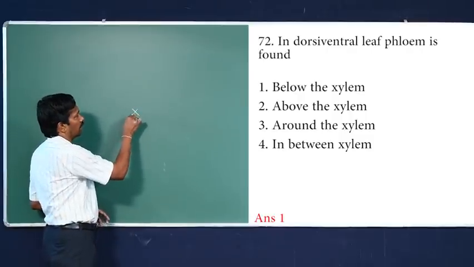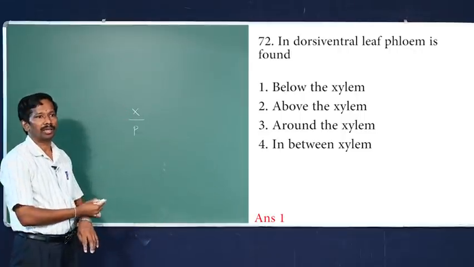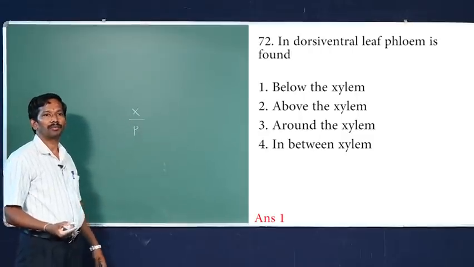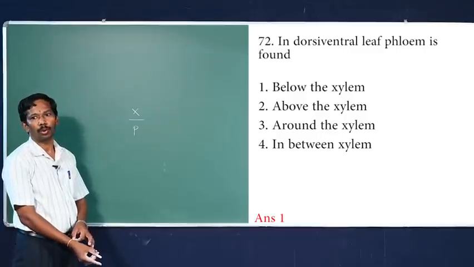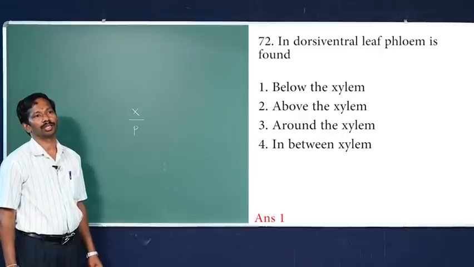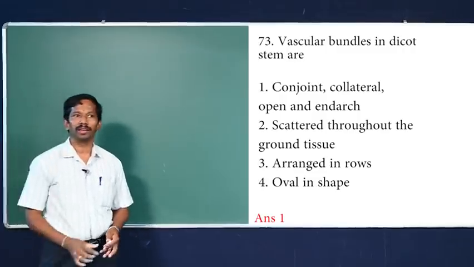Xylem is always towards the upper surface and phloem towards the lower surface, and you can easily remember it in the form of X by P arrangement in the case of leaf, compared to xylem towards the inner side in the case of stem, or radial arrangement of tissues in the case of root system of plants. So answer is 1.